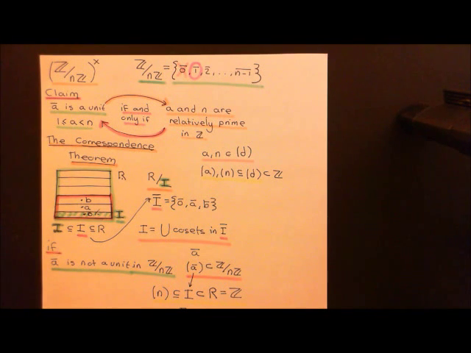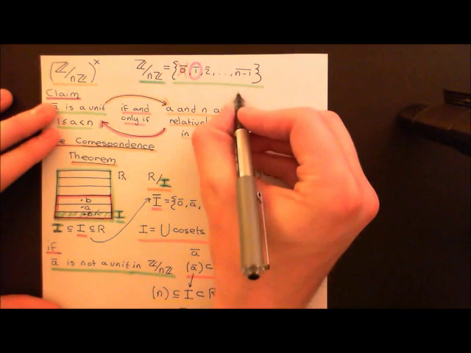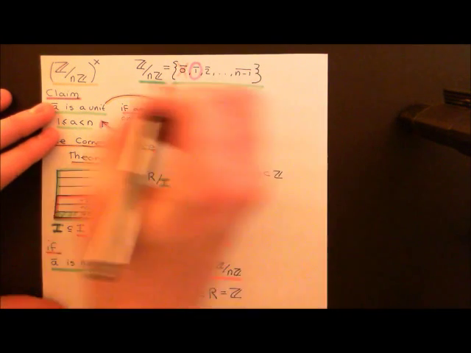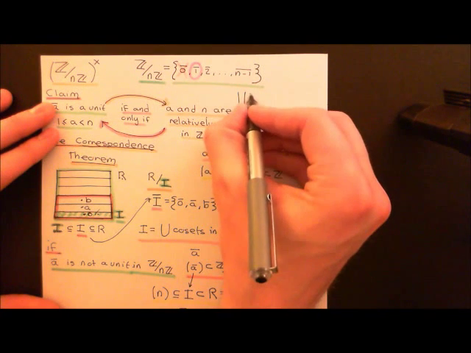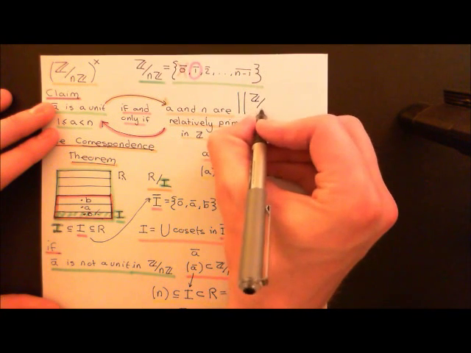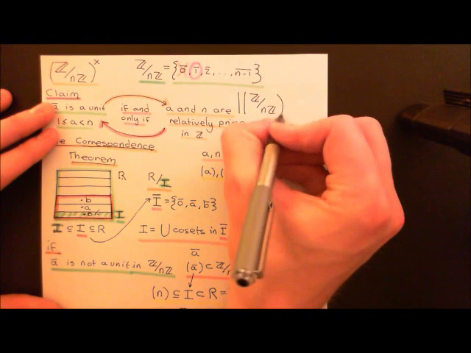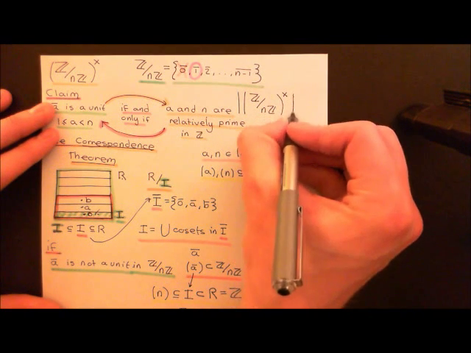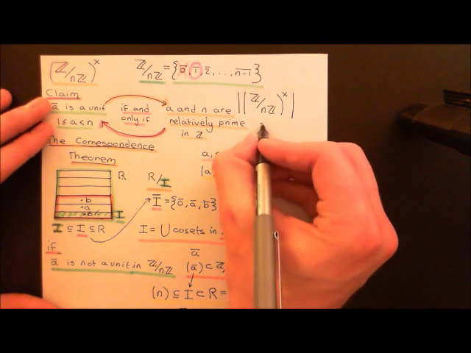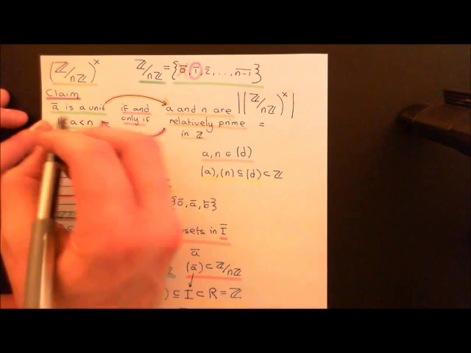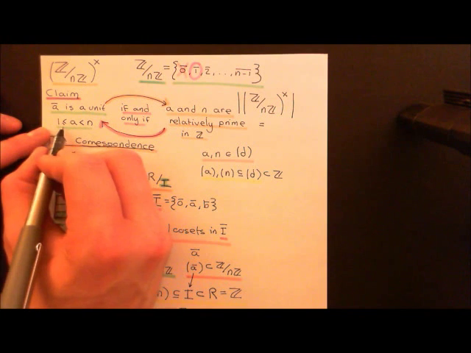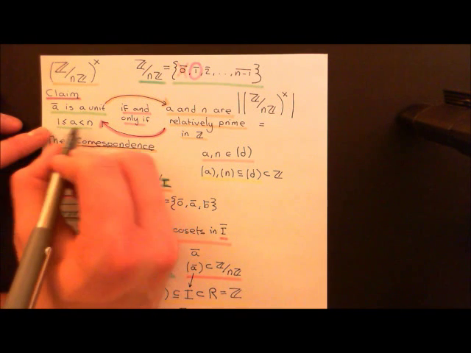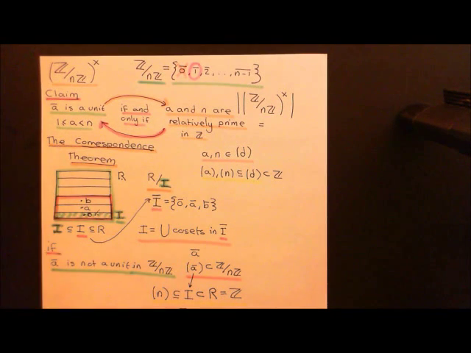So this means now that we know what the size of the group of units of the quotient ring Z mod nZ is going to be. The size of this group of units is going to be the number of integers between 1 and n, greater than or equal to 1 and less than n, that are relatively prime to n.